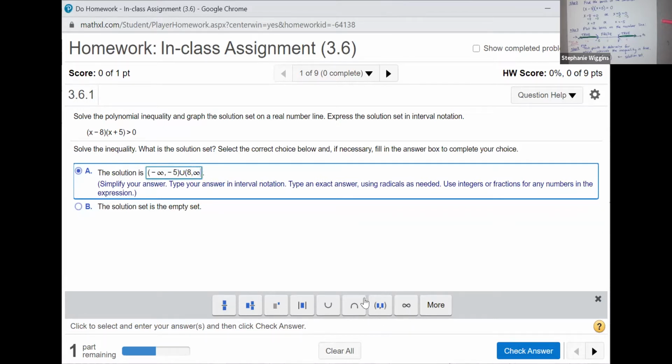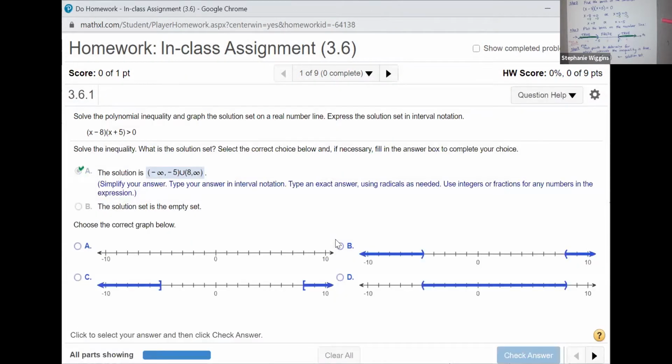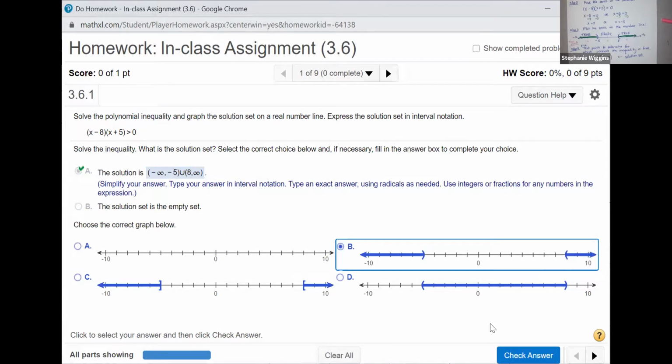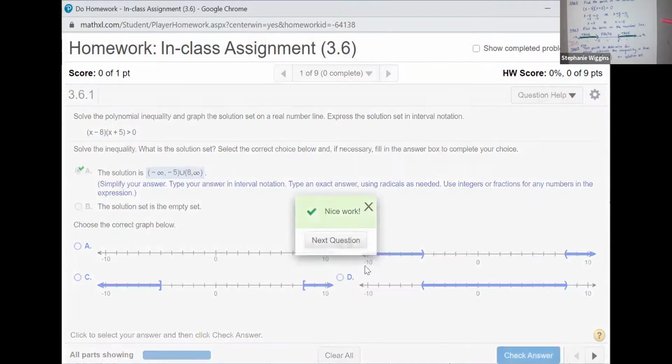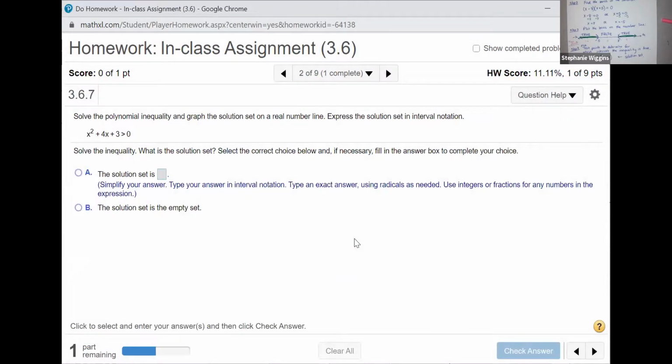There's the infinity. And then we select the correct graph. Looks like this is the correct one here. From -5, and then there's 8, not including. Okay, solve the polynomial inequality and graph the solution set on the number line.